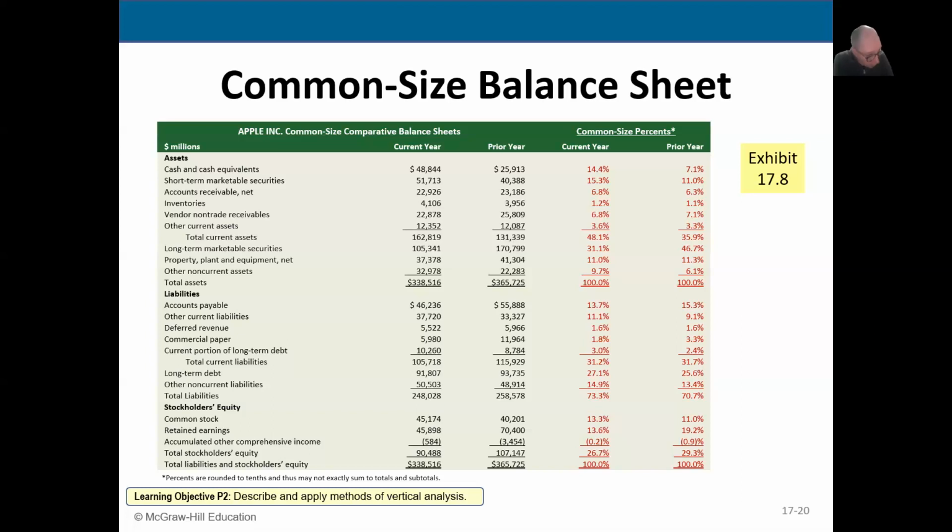Now, as you recall, the accounting equation: assets equals liabilities plus equity. So liabilities plus equity should equal total assets. That's why total liabilities plus equity equals total assets, because of the accounting equation. If that doesn't total up to 100%, we have a problem. And we do that for each year.